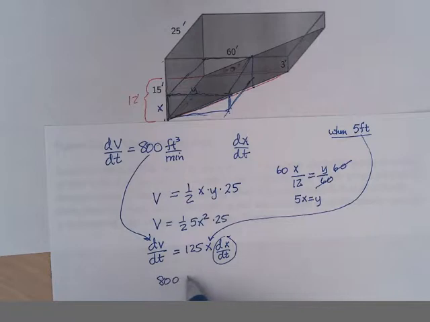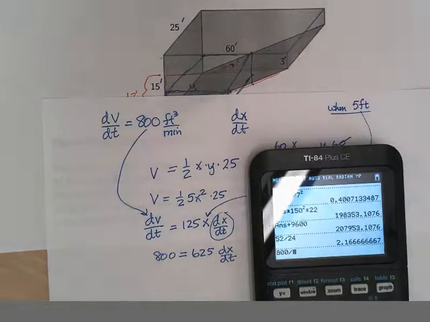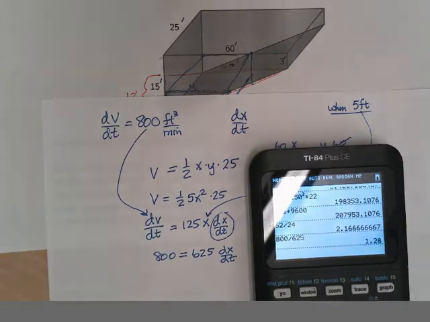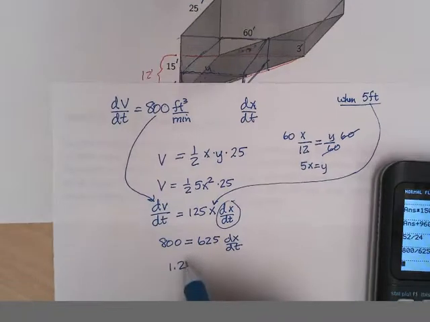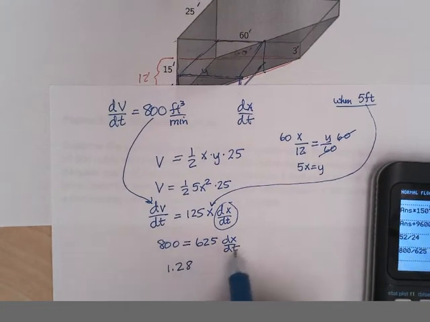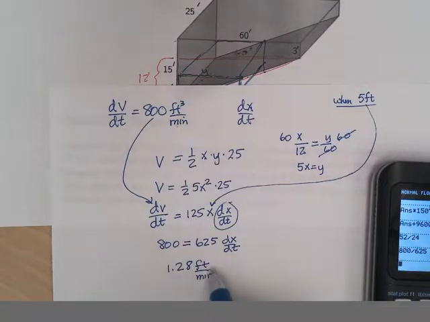So I have 800 equals 5 times 125 is 625 dx/dt. So I got to divide 800 by 625, and I get 1.28, and that would be feet per minute is how fast the height is changing with respect to time.